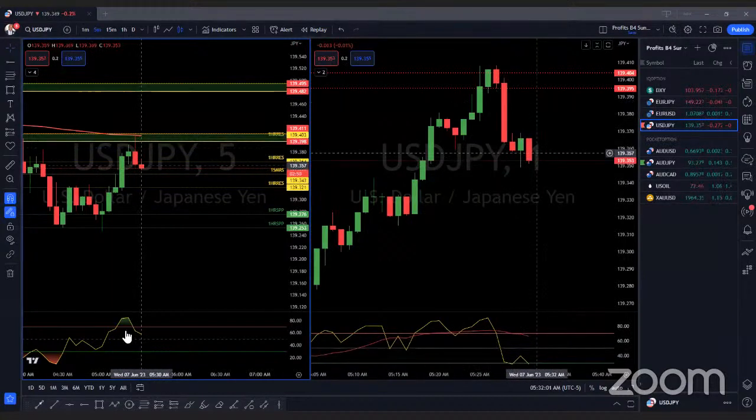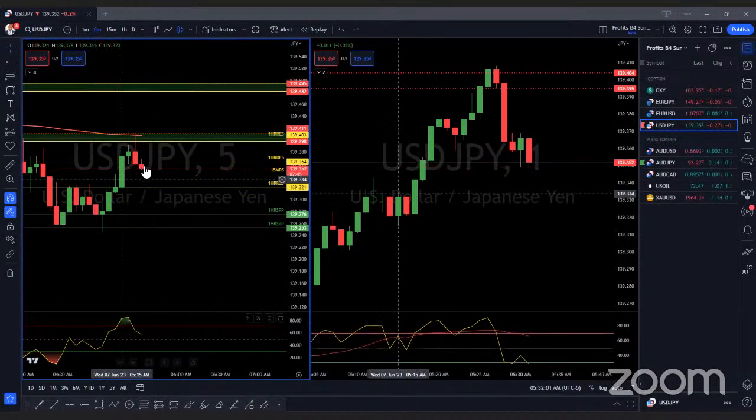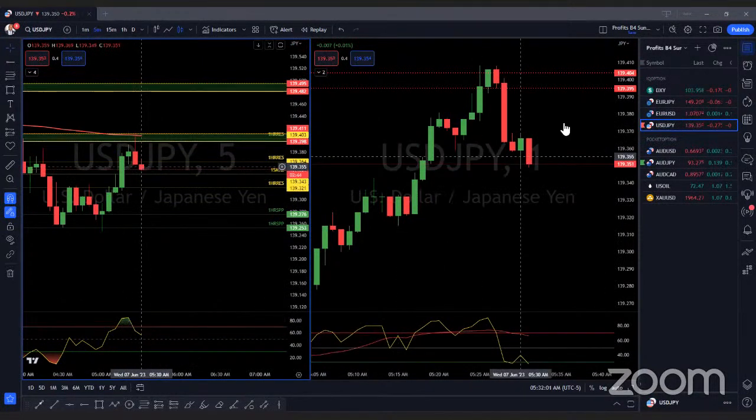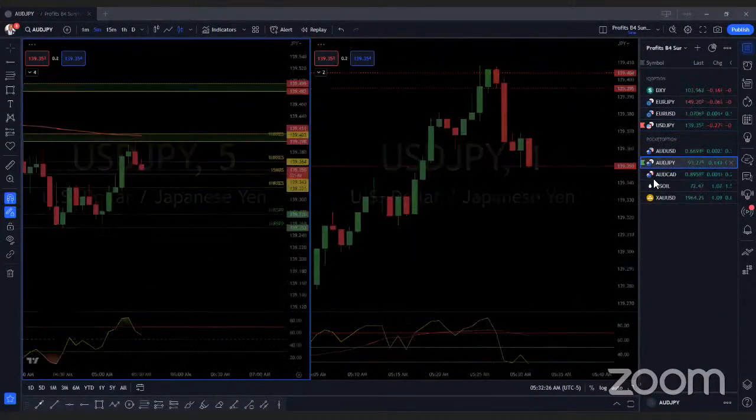All right, 5 minutes has already crossed and it has some way to go down. This could be a second opportunity. All right, so let's just let that be and see what AUD JPY has going on for it right now. Let's see.